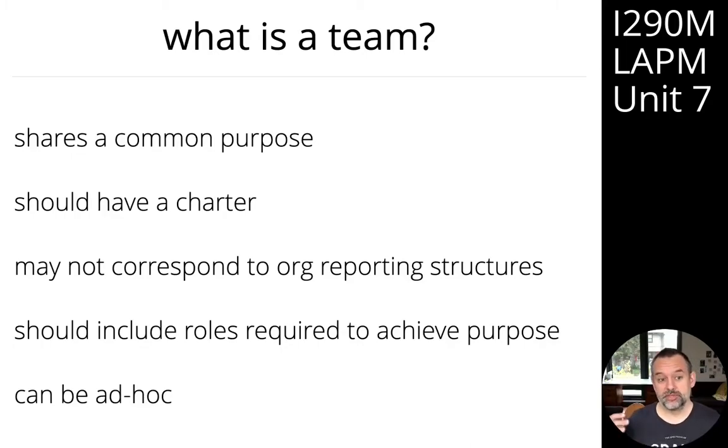So one of your jobs as a product manager is to actually work out the set of people you need to get your work done end to end, from design to development to release to support to marketing to sales. Who are all those people? That's actually your team. And that may not correspond to your peers who report to your manager. And in fact, it almost certainly won't.